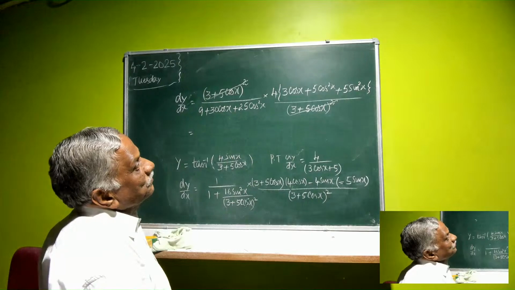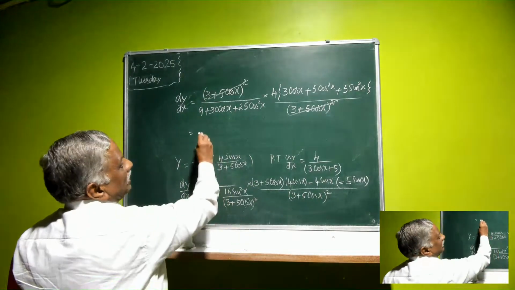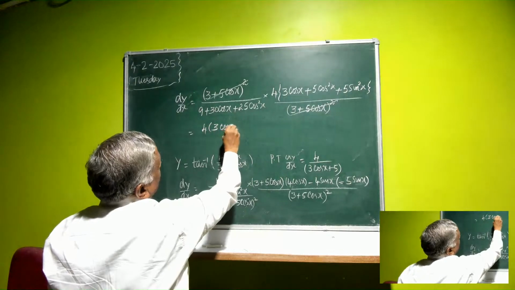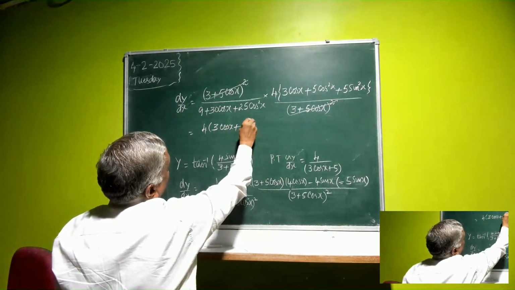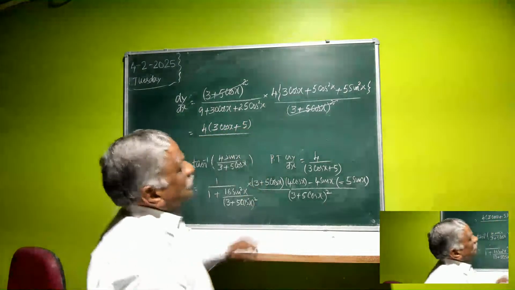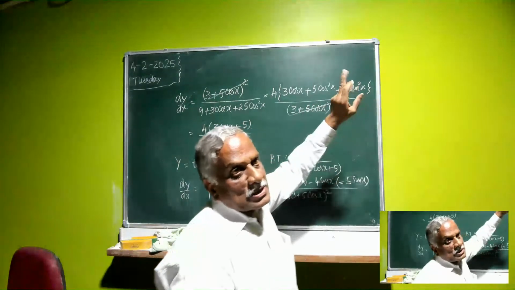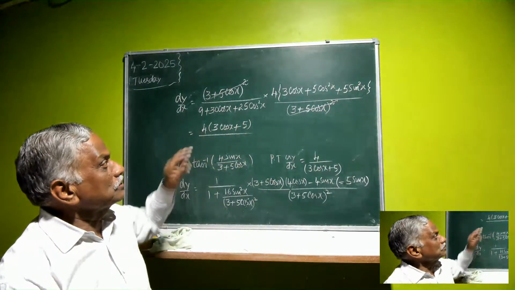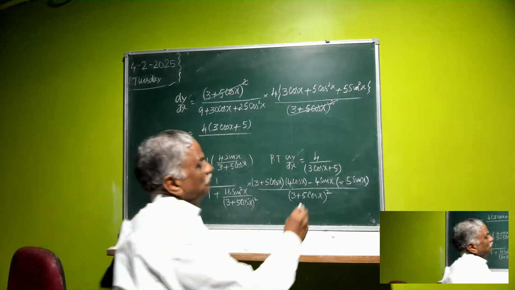What do you get there? 4 into 3 cos x plus 5, because sin square x plus cos square x is 1. You can take 5 common, you get 3 cos x plus 5, 4 is outside. So we have got 4.